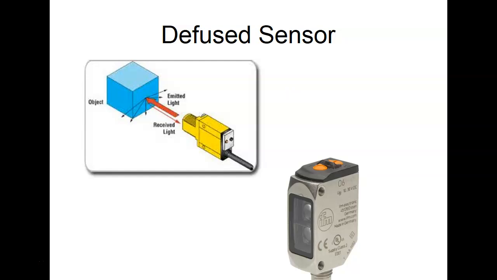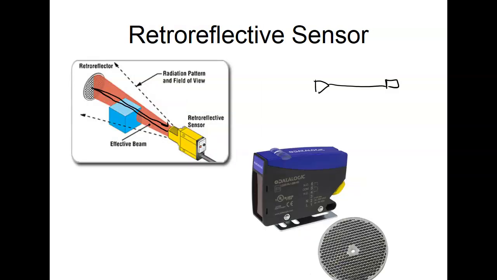Then the last one we have is what we call a diffuse. This probably has the shortest range. So what we do here is we have the transmitter and receiver. So this one, let's go back. With no object, the output would be true.